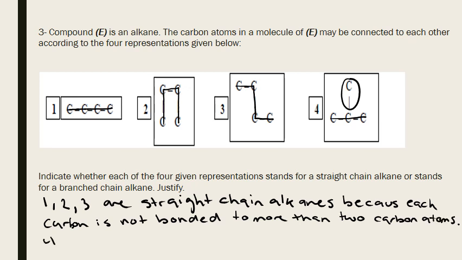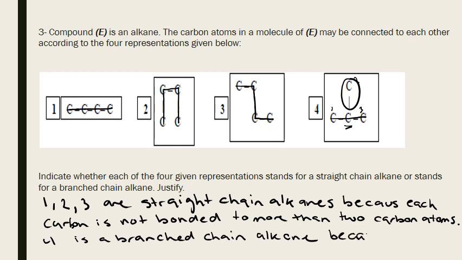Number 4 is a branched chain alkane. As you can see, this carbon here is bonded to 1, 2, 3 carbons. So it's a branched chain alkane because a carbon atom is bonded to more than 2 carbon atoms.